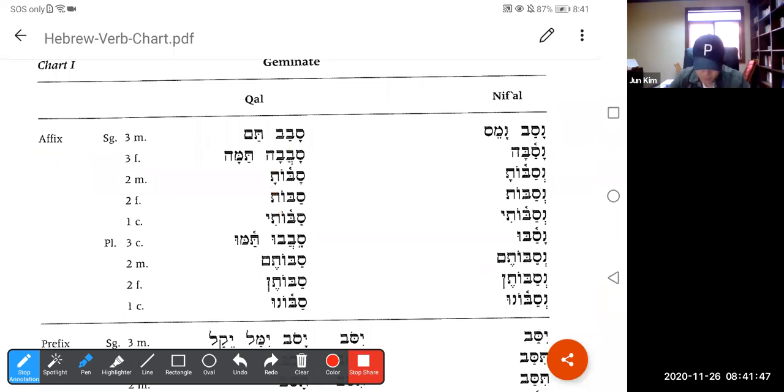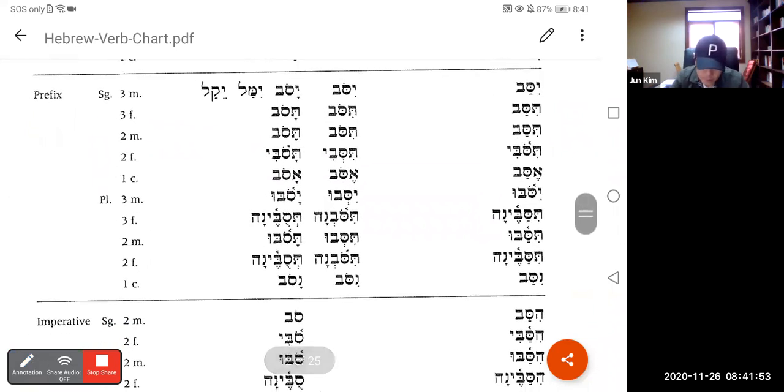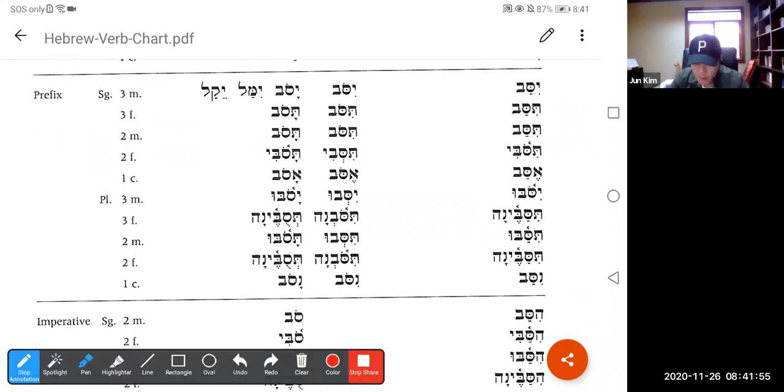Then let's look at prefix form. What can you recognize here? As we just dealt with it, this prefix pronoun comes with qamets, and then the last bet is dropped off.